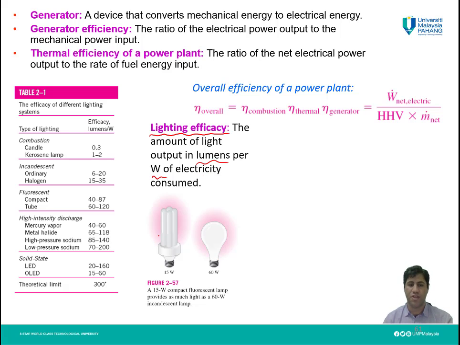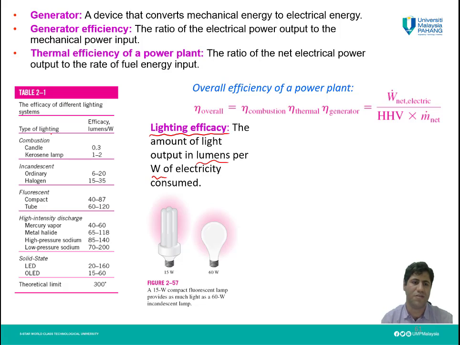As you can see here, the light provided by a 15 watt fluorescent lamp is equal to the light provided by a 60 watt incandescent lamp. You can see how much more efficient the fluorescent lamp can be than the incandescent lamp.